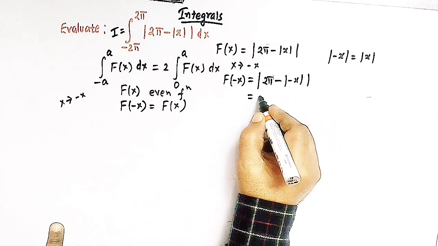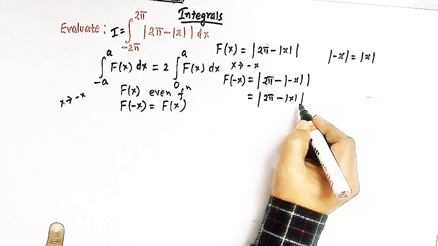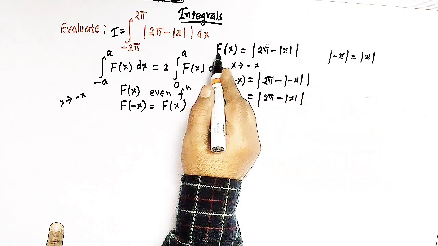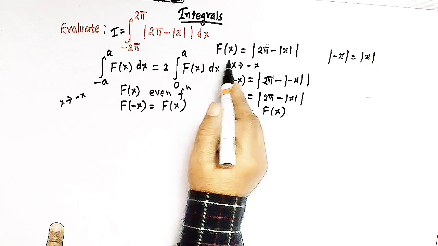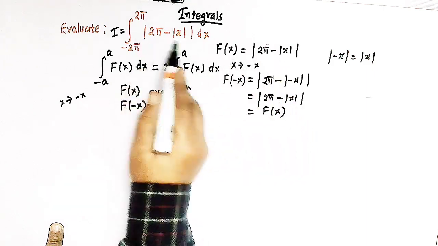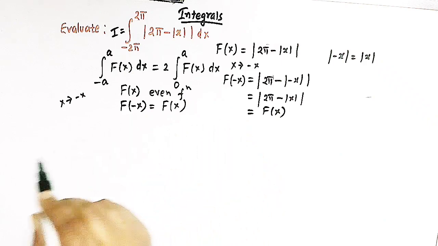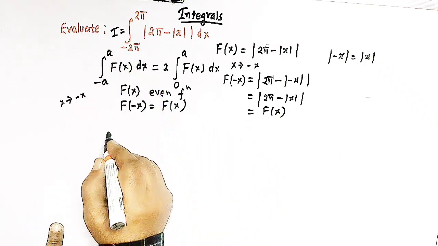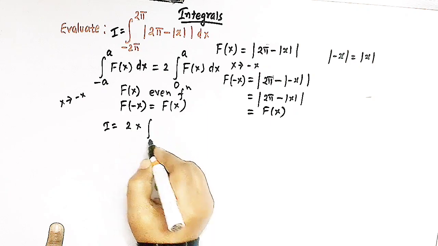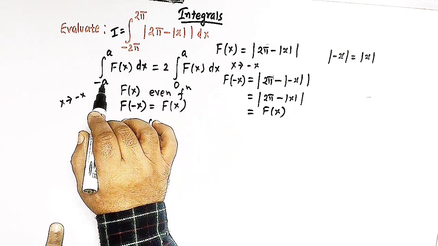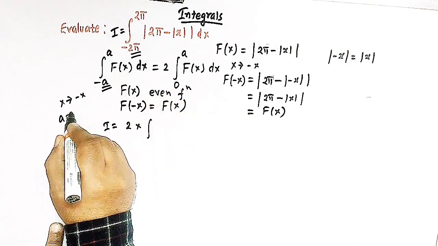And here we have mod of 2 pi minus mod of x, and which is simply the function f of x, right? So we can see that our integrand mod of 2 pi minus mod of x is an even function, right? So we can now write this integral I as 2 times the integral from 0 to a, and here the value of a is given by 2 pi.